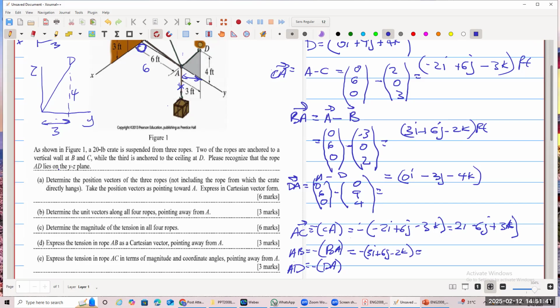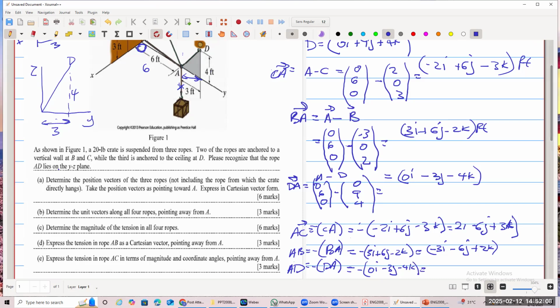So this gives you minus 3I minus 6J plus 2K. Right, so that's the position vector we want to work with. And for this one, what's DA now? DA is 0I minus 3J minus 4K.